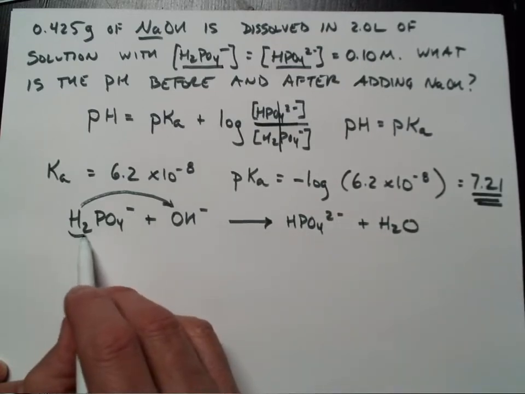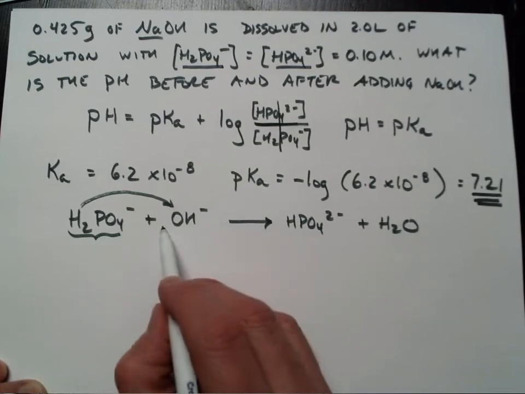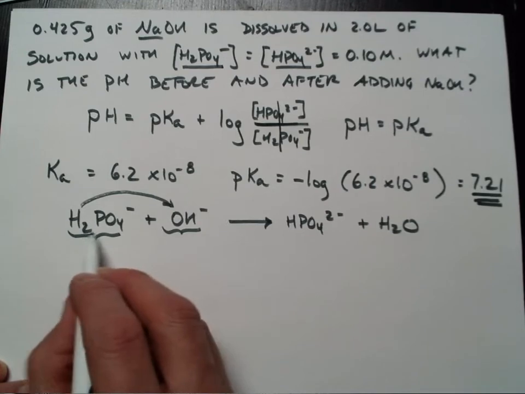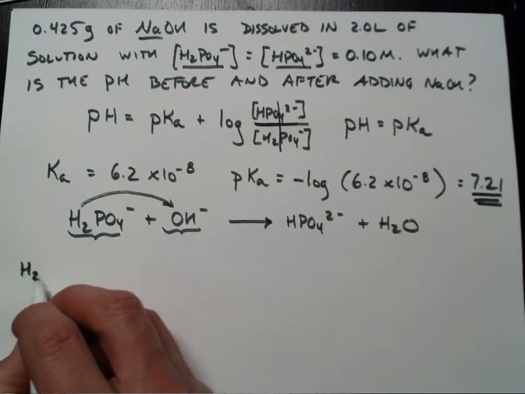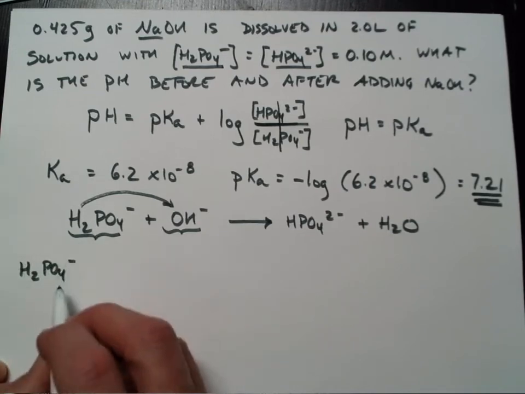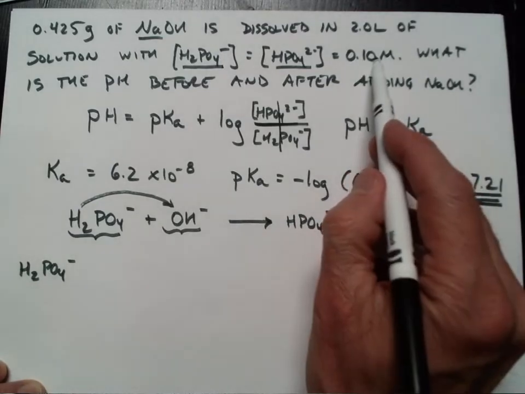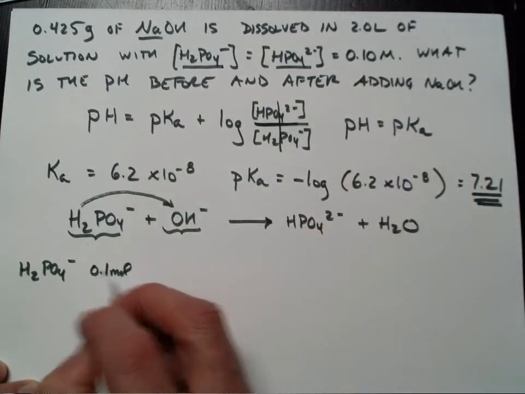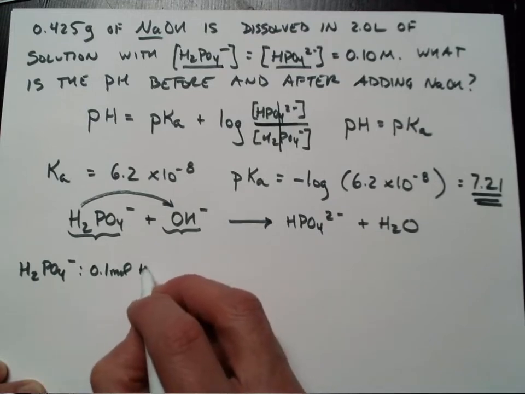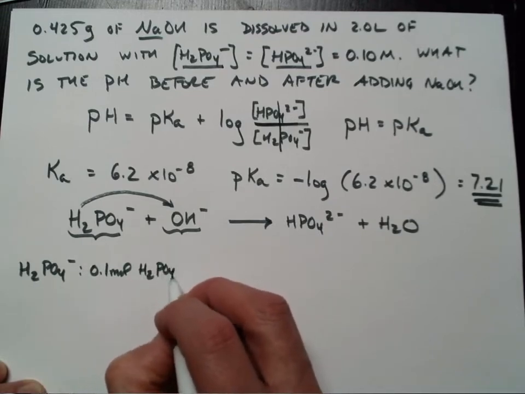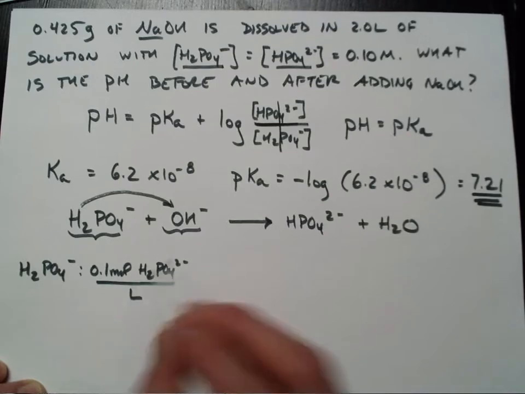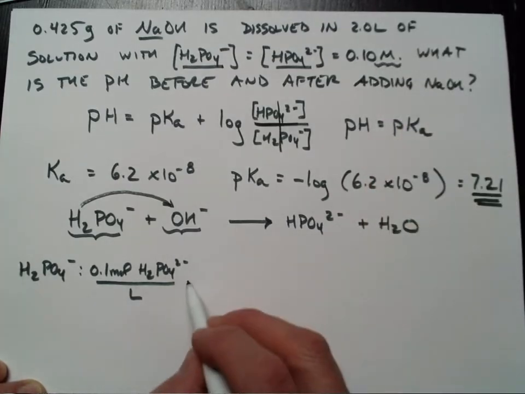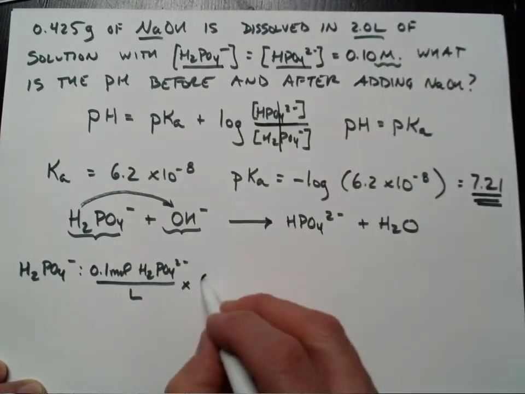We got to figure out how much of this reacts. I'm going to find out how many moles of dihydrogen phosphate I have. 0.1 molar, so I got 0.1 moles of dihydrogen phosphate per liter. That's what that capital M means, molarity, times a total of 2 liters.